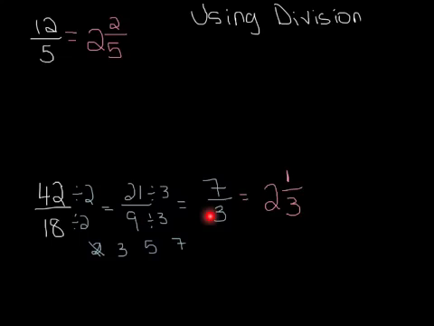So 3 goes into 7 twice. We would need to add 1 more to get to 7. So that's how you would use the division method. When we make mixed numbers, sometimes we can go right away, like the first one. Sometimes we need to do a little reducing to help us get to our final answer.